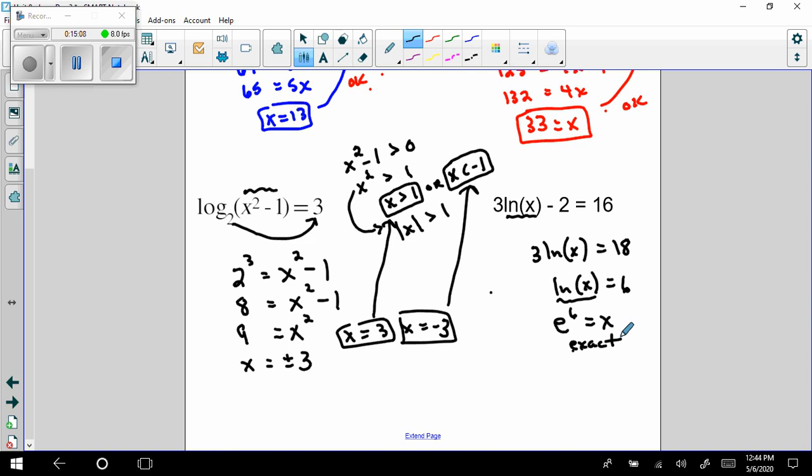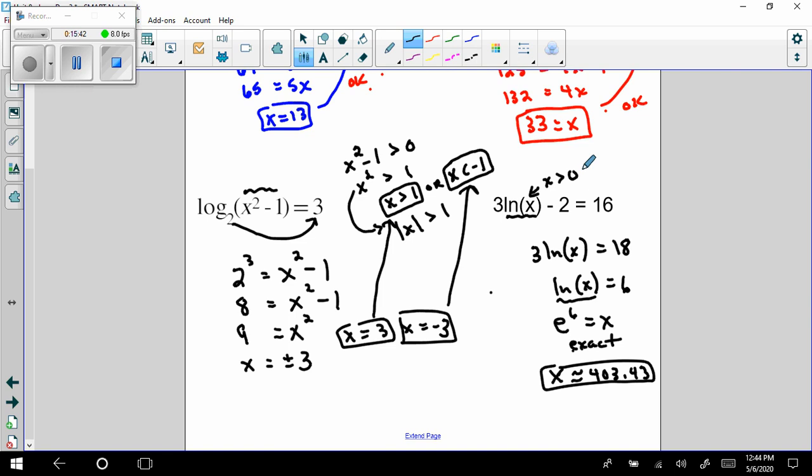Or you can go to your calculator, look above the natural log key, where there's an e to the x key, because they're inverses of each other. And you can press your e to the x key, put in a 6 for your power, and you should get 403.4. Okay, so remember this has to be greater than 0, which 403 is definitely greater than 0.